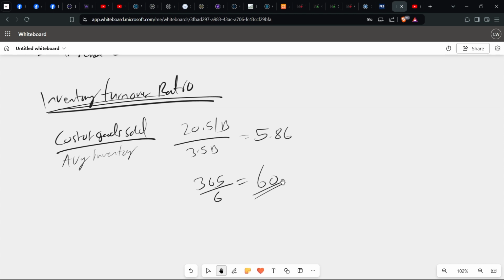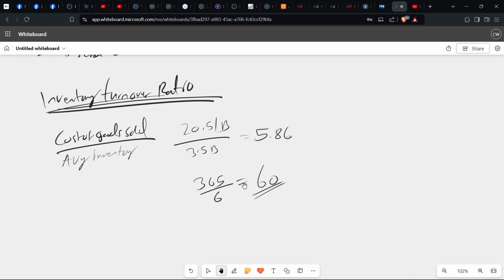This means for every product in the inventory that gets sold, it usually lasts around 60 days on the market before it's sold. Whether this is a good or bad number will depend on the industry.